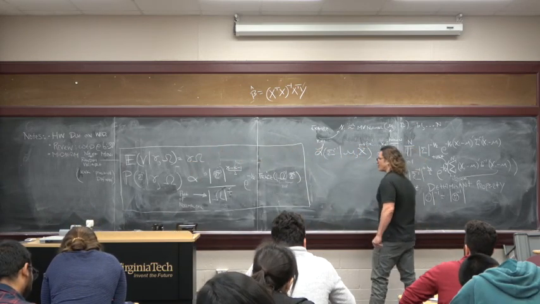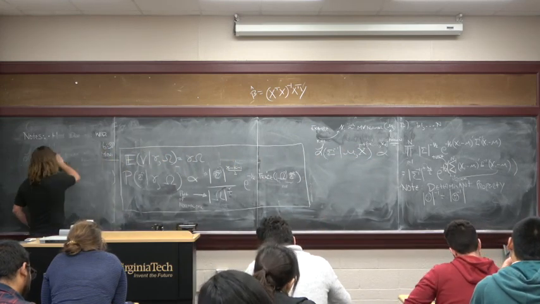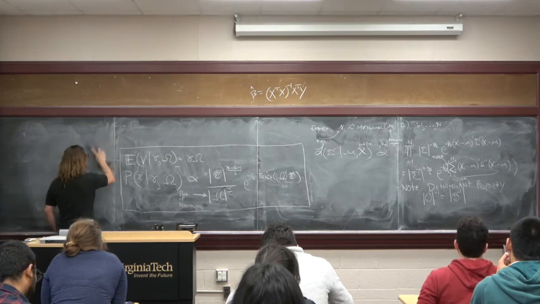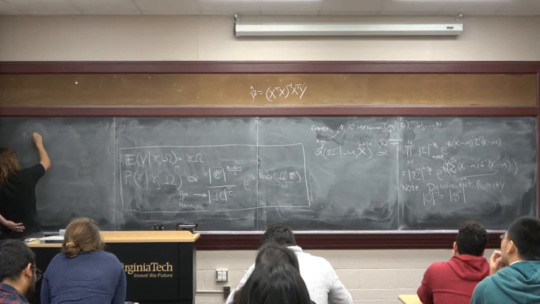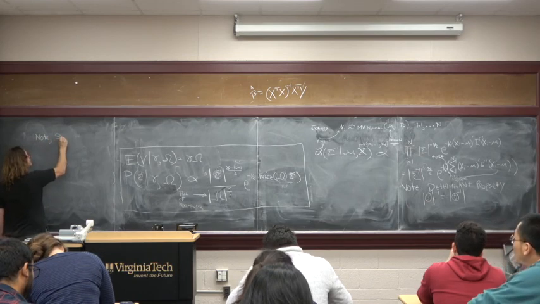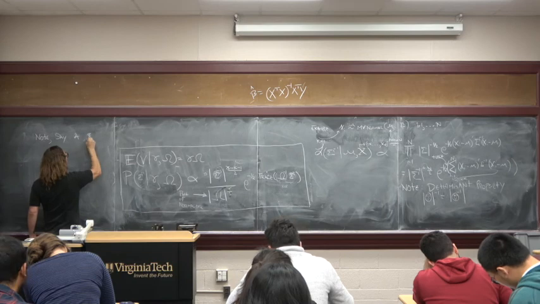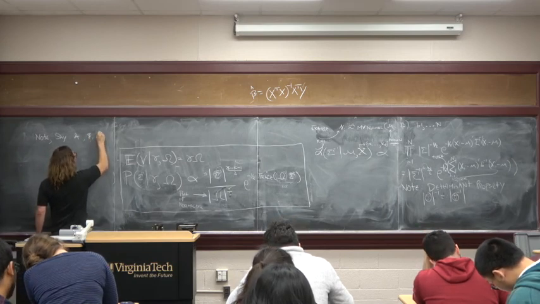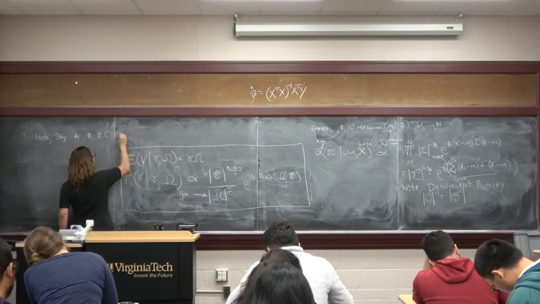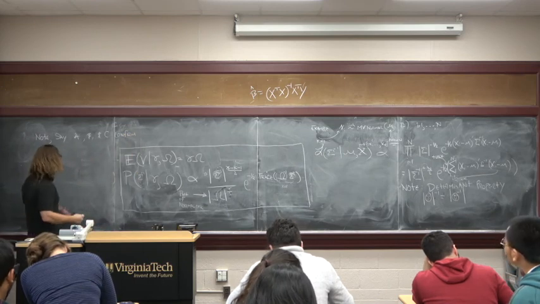And so here's another property of traces. As a note, say A, B, and C conform. So I can multiply them together. I don't really want to say what their dimensions are.